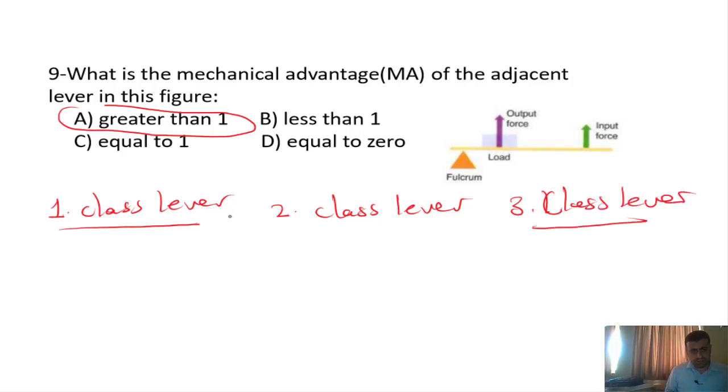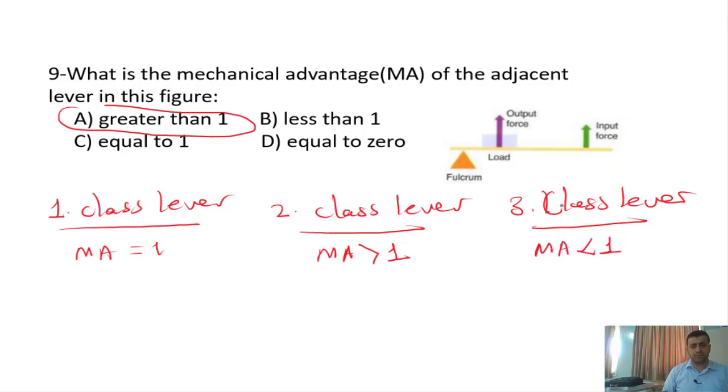First class lever mechanical advantage equals 1. Second class lever mechanical advantage is bigger than 1, greater than 1. Third class lever mechanical advantage is less than 1. So according to that, it will be B, because this one is a second class lever. Answer will be A.